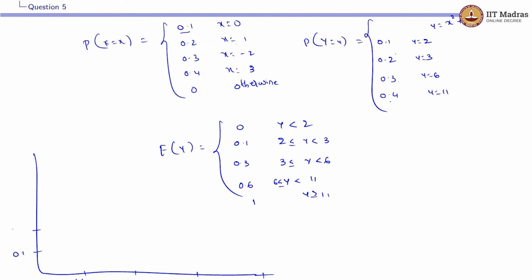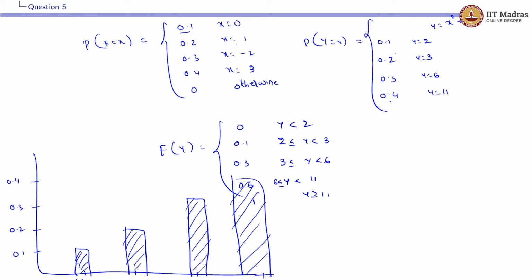So for y equals 2, the value is 0.1. For y equals 3, the probability is 0.2. For y equals 6, the probability is 0.3. And for y equals 11, the probability is 0.4.